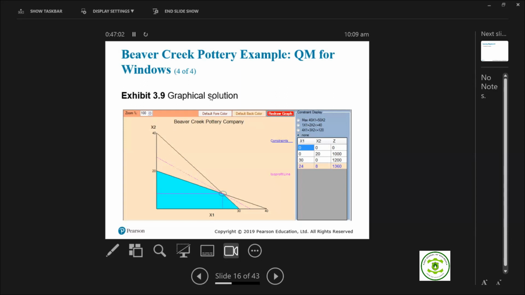Okay? So no profit. Then some of the other points are going to give you 1,000 and then 1,200. But the one that gives you the highest is what? 1,360. And that is this optimal point. Okay? So you settle on that.